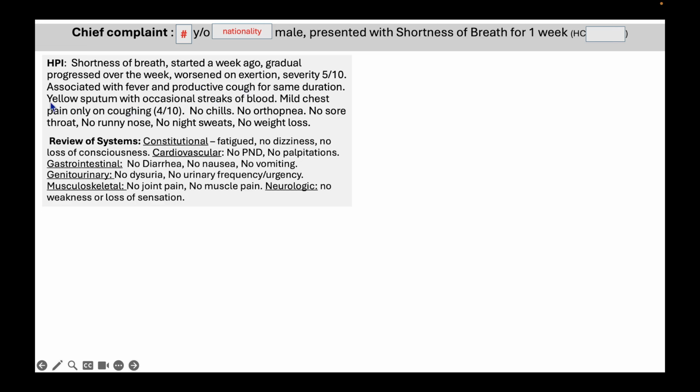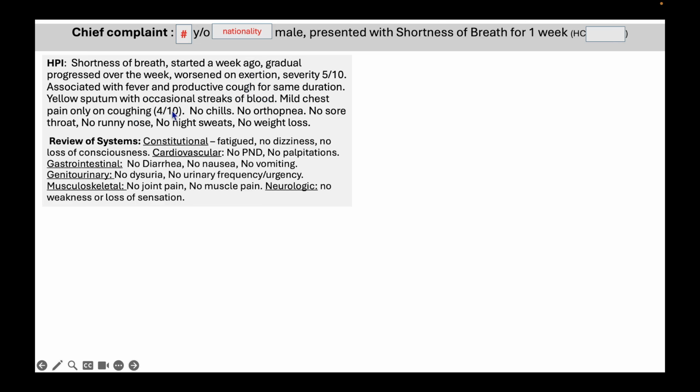The cough is productive with yellow sputum and occasional streaks of blood. It's also associated with chest pain that only comes with the coughing. So you say that the coughing leads to chest pain. It's not pleuritic, it just comes with the cough.